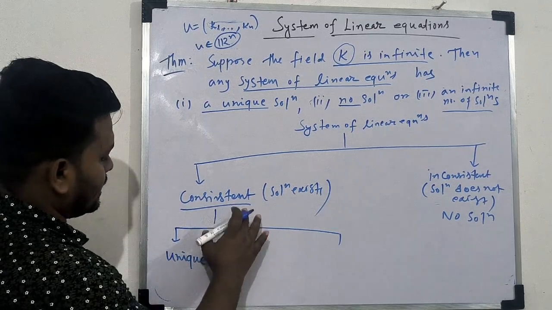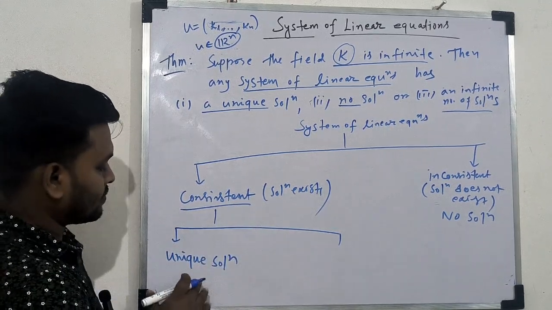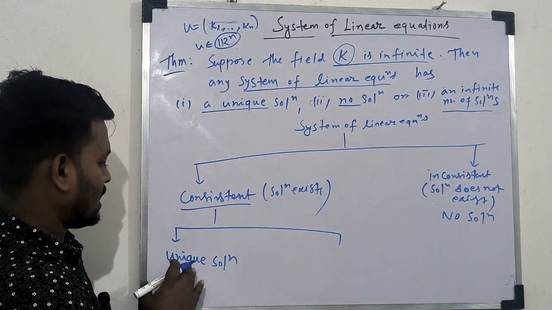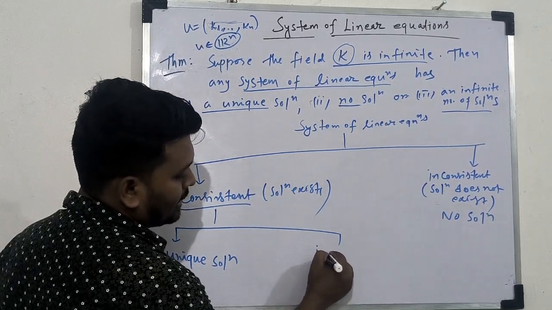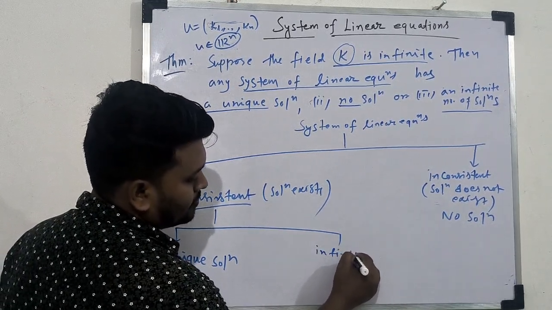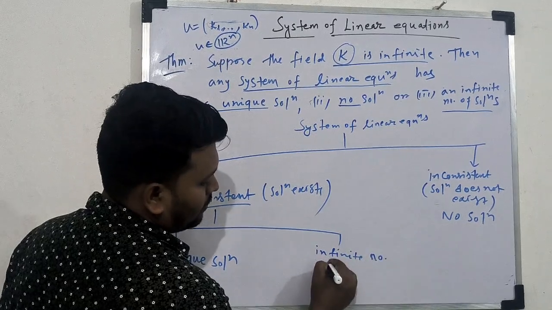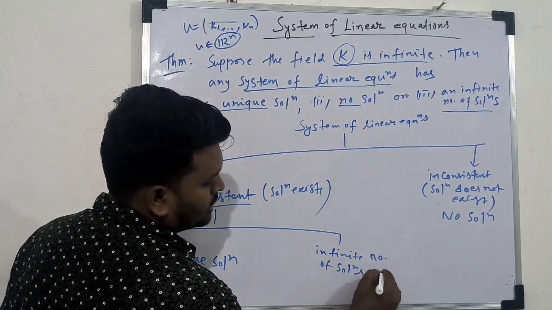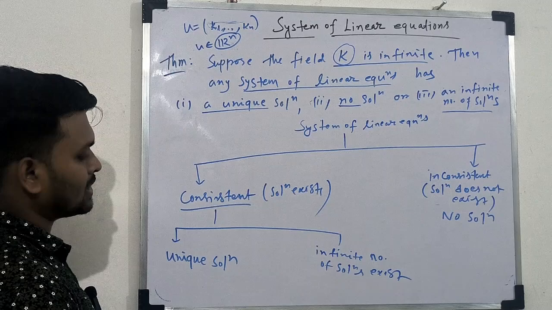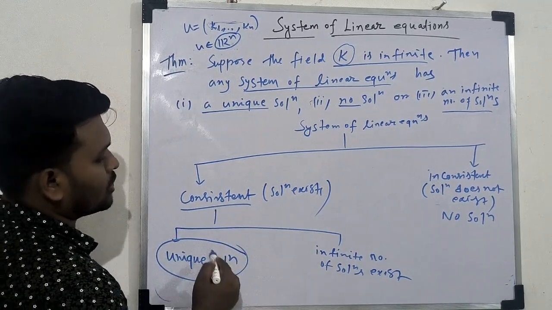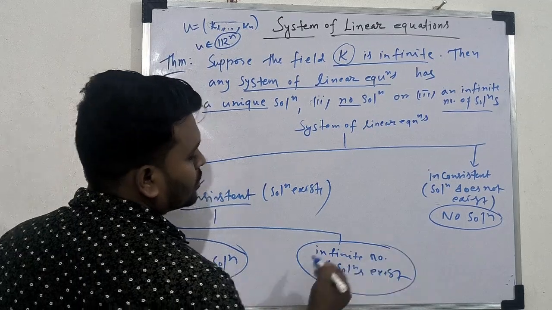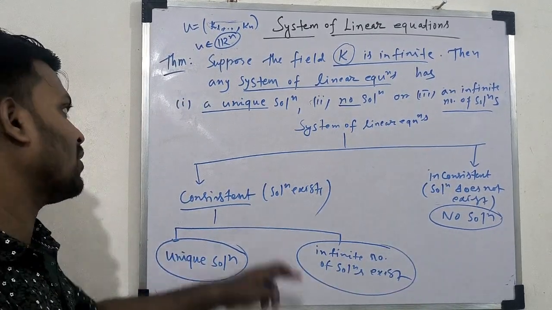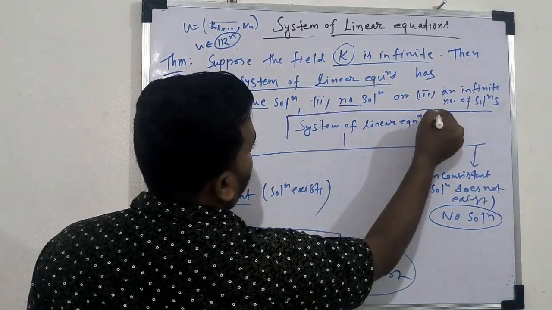So whenever consistent, either a unique solution exists or an infinite number of solutions exist. So three possibilities are there: unique solution, no solution, or infinite number of solutions. These three possibilities are there whenever you are given a system of linear equations.